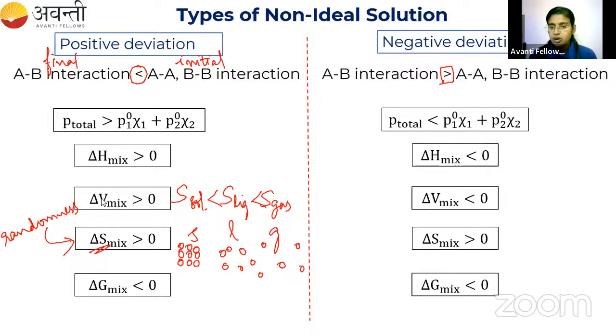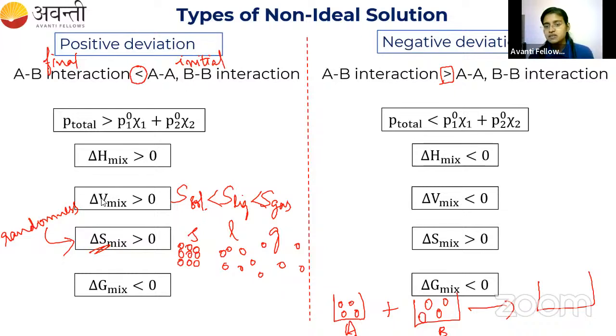So I have a component A here. Here I have 1, 2, 3, 4. This is my molecule A and this is B. So here also I have 4 molecules of B. Now what I'm going to do? I'm going to take the solute and mix it with the solvent, I'm going to take this A and mix it with B. So what happens in that case?